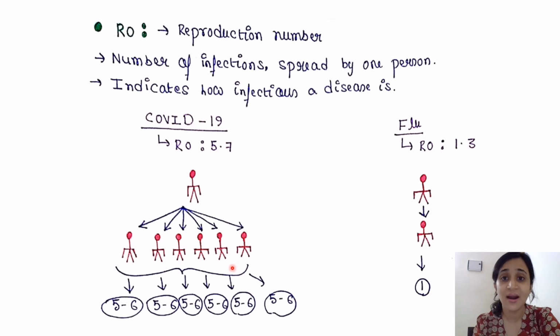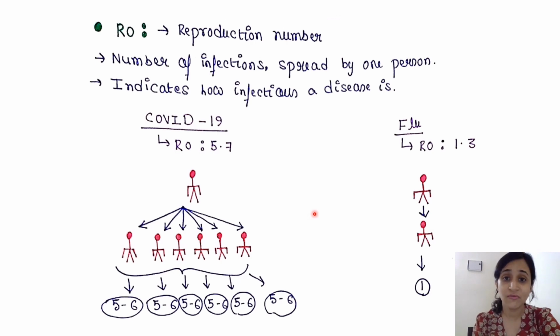So one person is capable of spreading the infection among 6 persons. Now each of these infected persons is capable of spreading the infection among 6 more persons. So imagine how many persons are infected from just a few people.